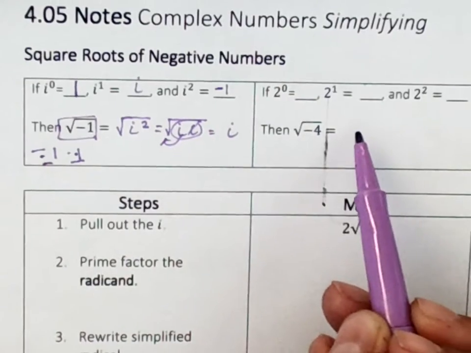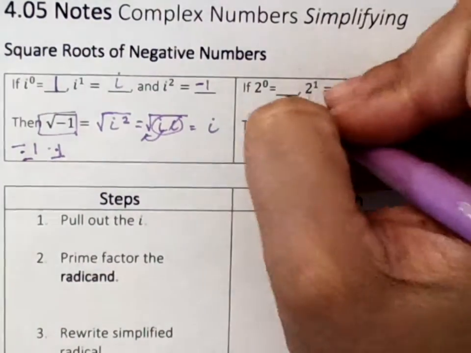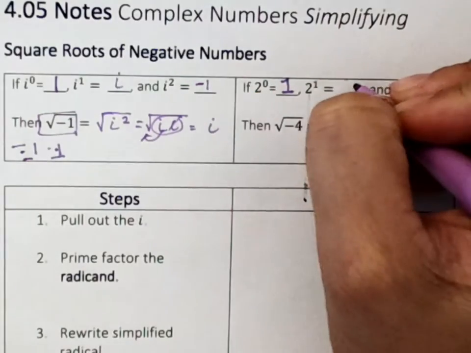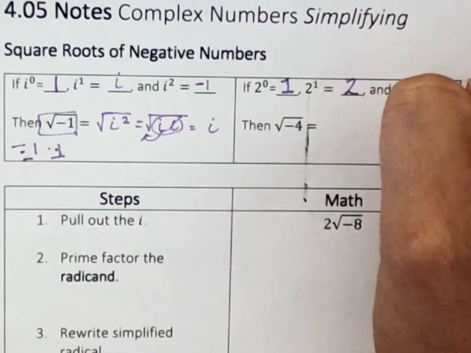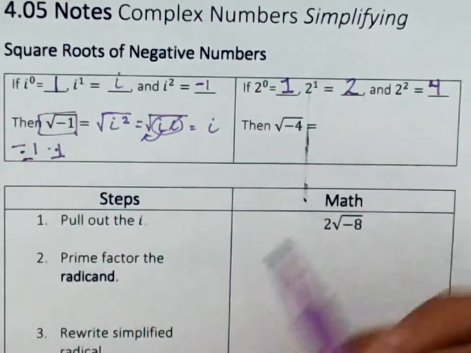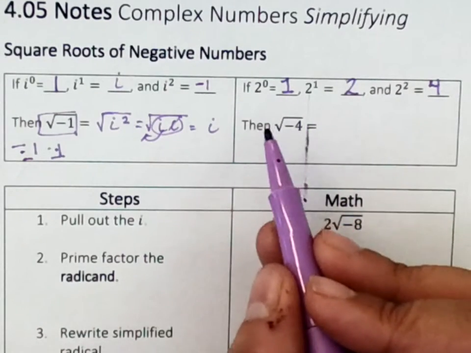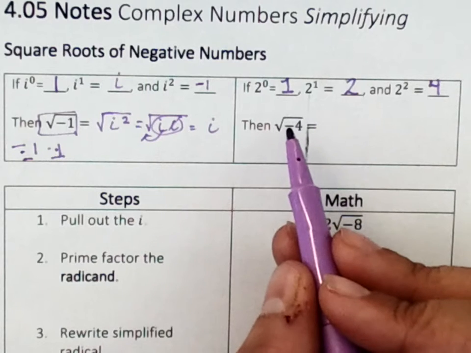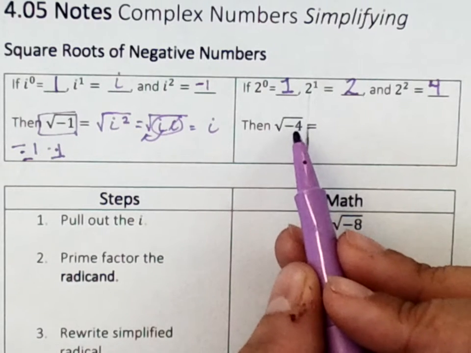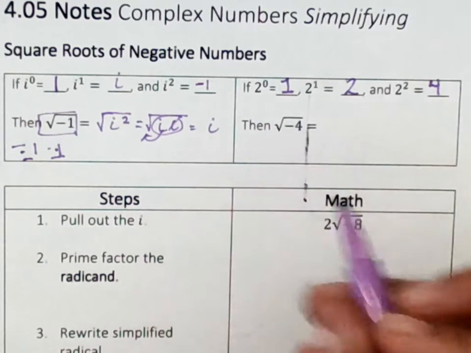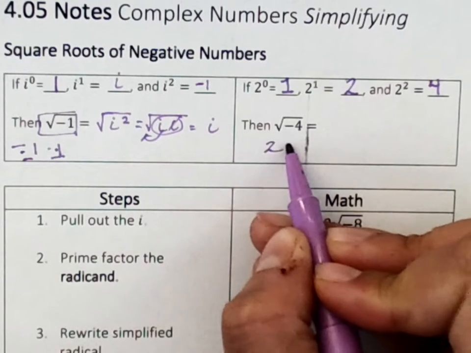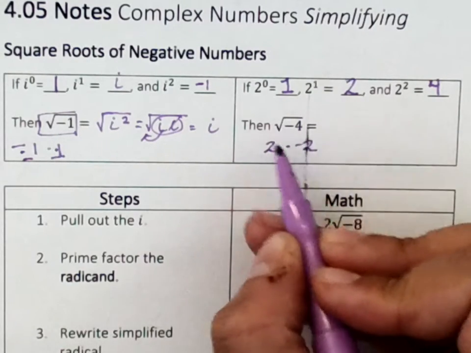So let's go over to another example. If 2 to the 0 equals 1, 2 to the 1 equals 2, and 2 to the 2 equals 4, then the square root of negative 4. Here we're going to try and simplify this. We know that the answer can't be 2 or negative 2 because it would take a positive and a negative number to make negative 4.